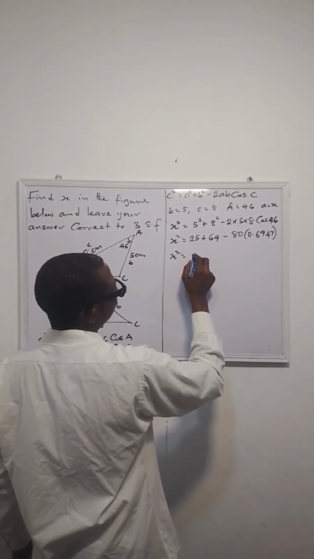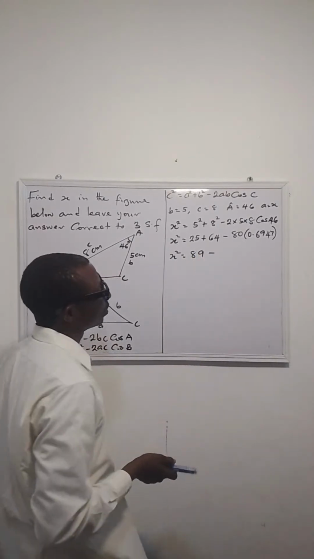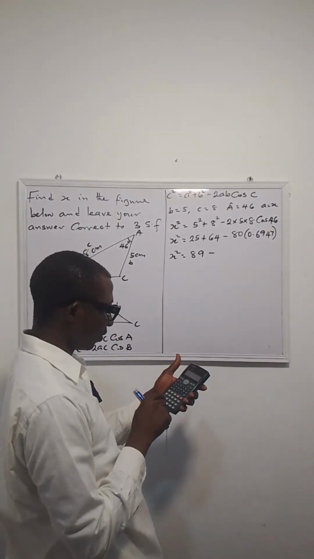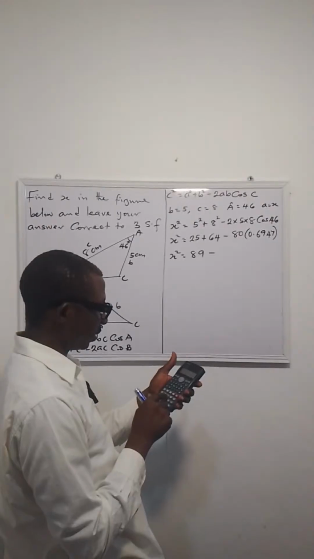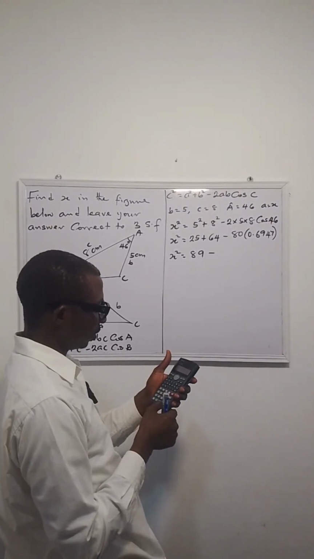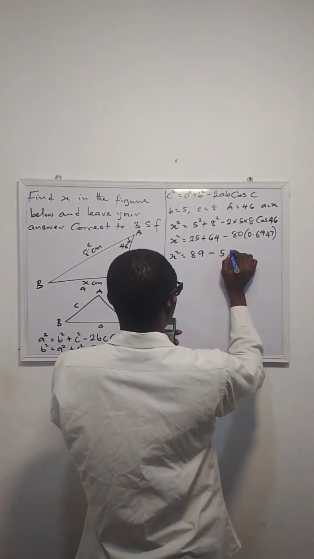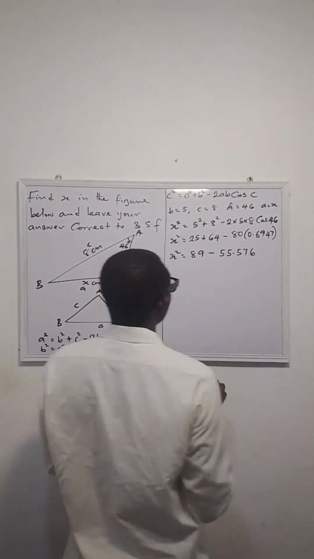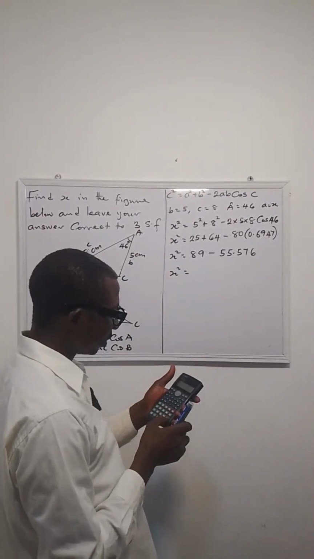You have 89 minus, now let's multiply this. 80 times 0.6947. Okay, so you have 55.576.